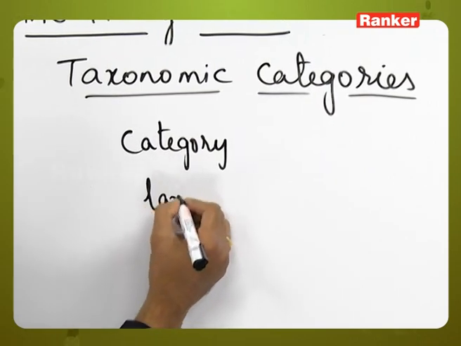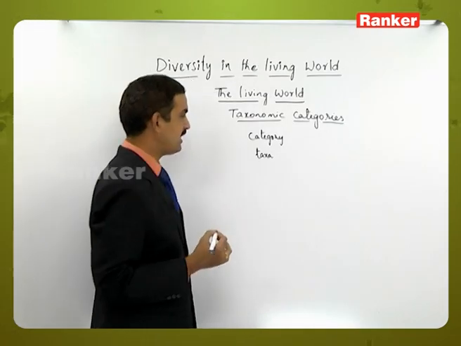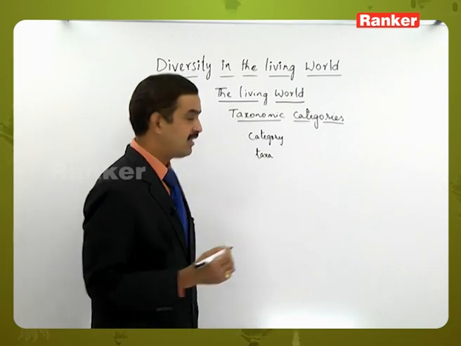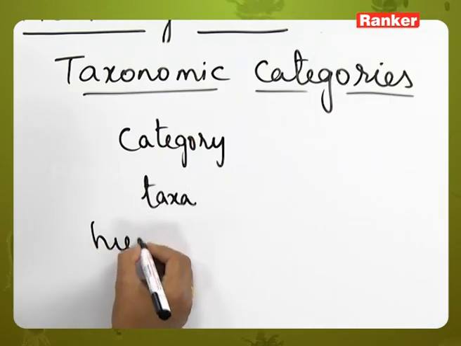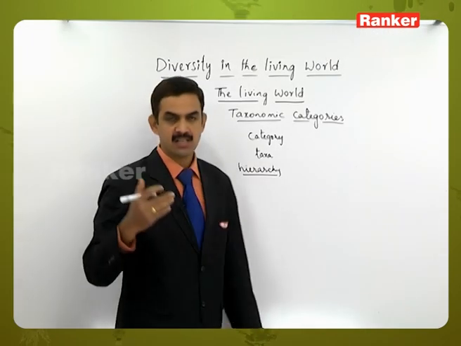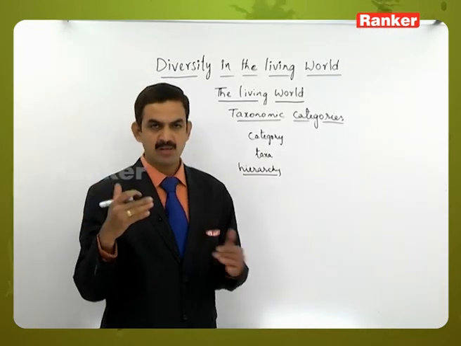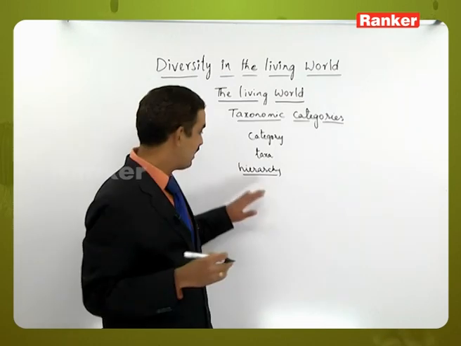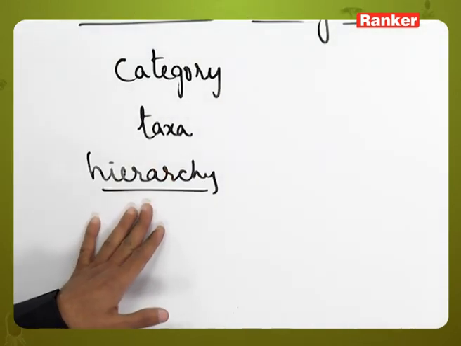or taxa. Actually here category or taxa means we follow a hierarchy while classifying, that is from small to big, based on the characteristic similarities and differences. We use a hierarchy or ascending order.